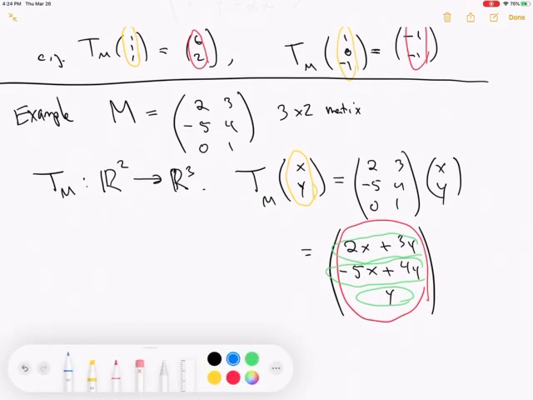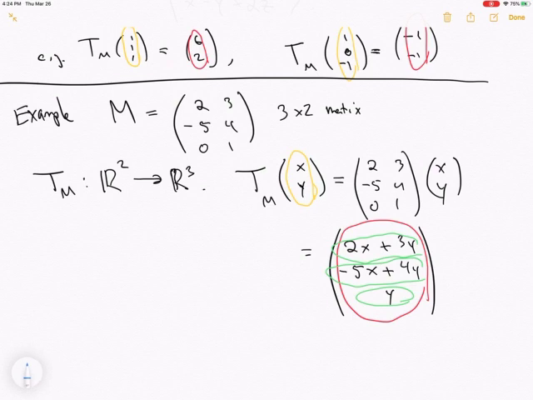Let's do some explicit inputs. So in this example, we have that, for instance, T_M of 1, 2 is going to spit out 8, 3, and 2.